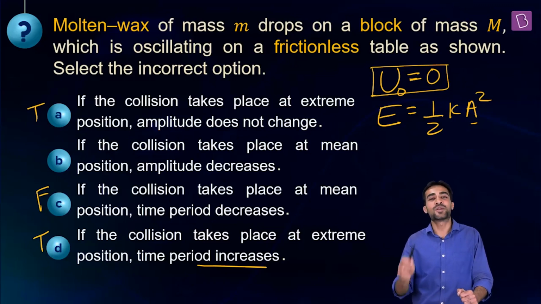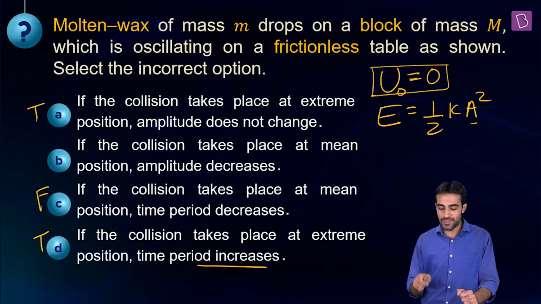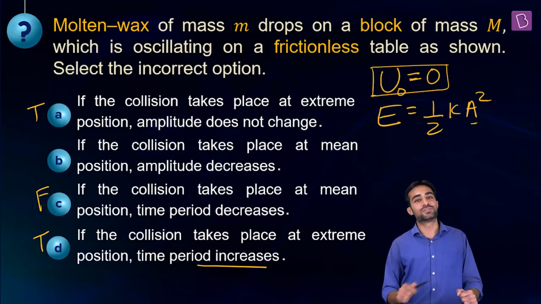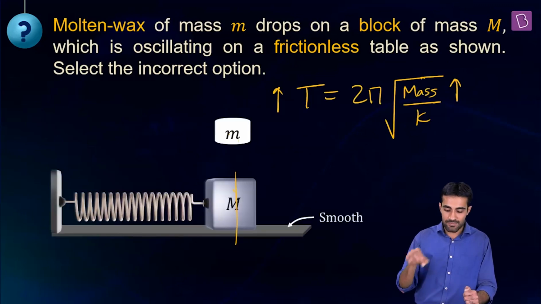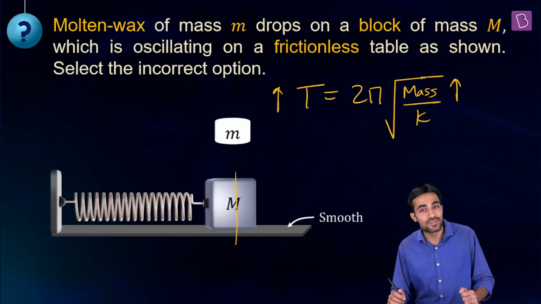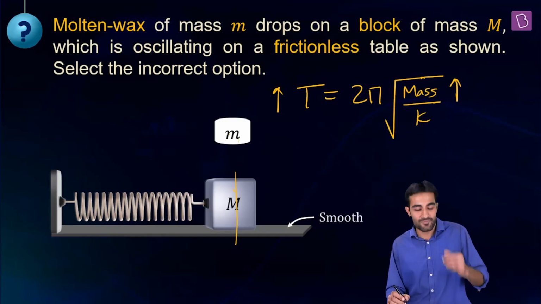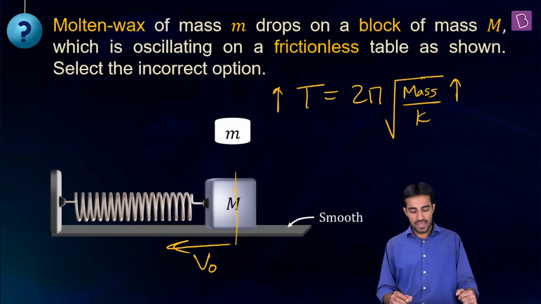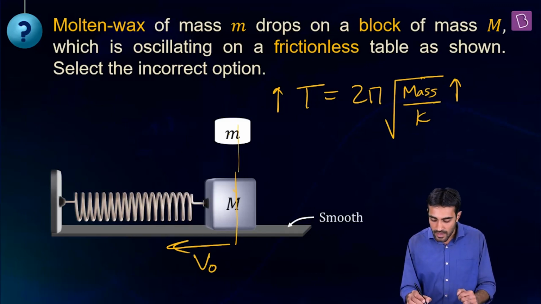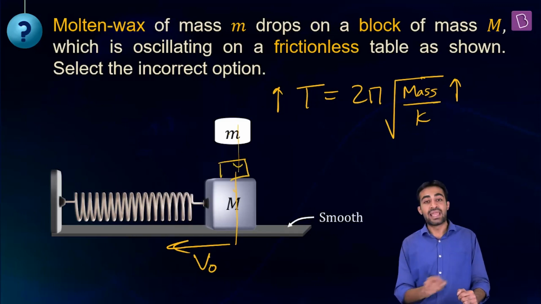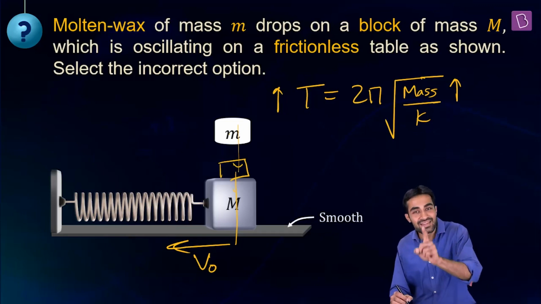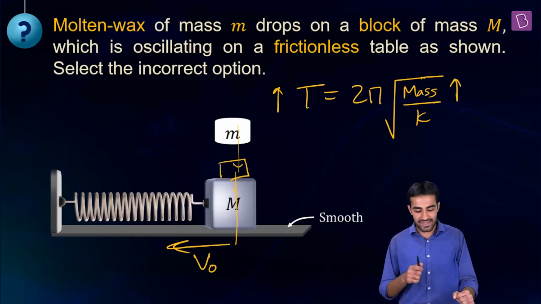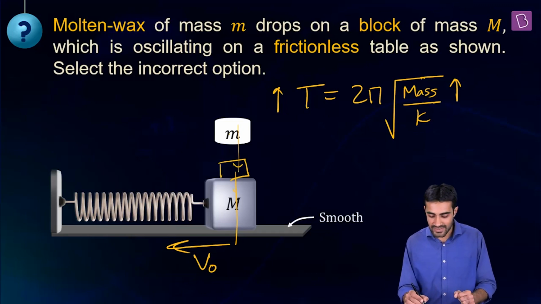And B: if the collision takes place at the mean position, amplitude decreases. What will happen when the collision takes place when the object is at mean position? It has the maximum velocity. So let's imagine the object to be moving with V naught. Now, when we drop the other mass on this block, there is an inelastic collision. The horizontal velocity of this mass small m was 0.